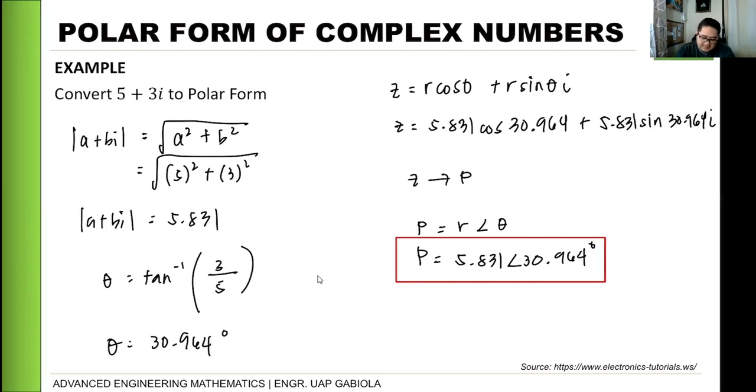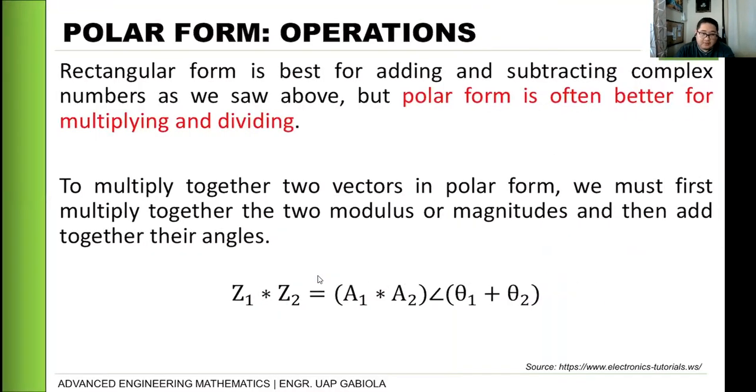Okay, next. Ayan. So, kung si rectangular form o yung complex number natin has operation, si polar form meron din. Pero si polar form is much more useful pag gamit natin siya in multiplication and division. Okay? So, yung pag-addition and subtraction, you can use rectangular form na lang kasi mas madali siya kasi real sa real and then imaginary to imaginary yung ginagawa natin.